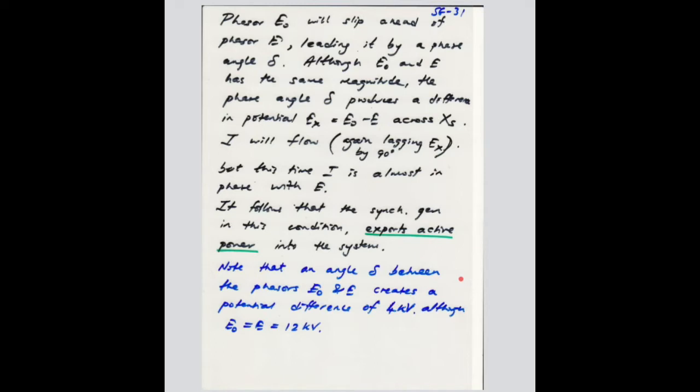One is where the excitation current is increased, which impacts the voltage E0 and causes its magnitude to exceed the infinite bus voltage, E. That operates the generator in the mode of delivering reactive power into the system, right?